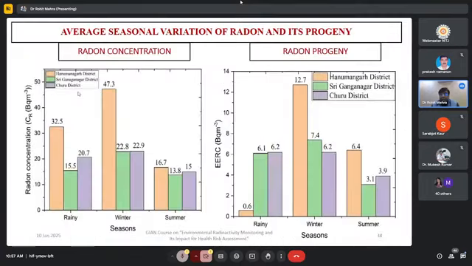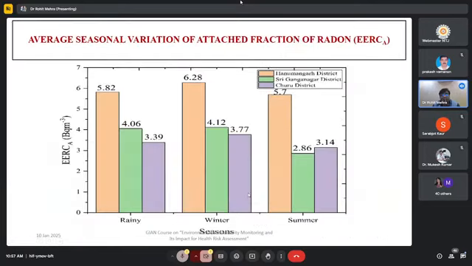So we are being exposed to slightly higher values because of these types of building materials and ventilation conditions. It again gives you an idea about the three districts, that is, the radon concentration and the radon progeny contribution. In most of the cases, in winter it is high as compared to the summer. So this is what we were discussing.